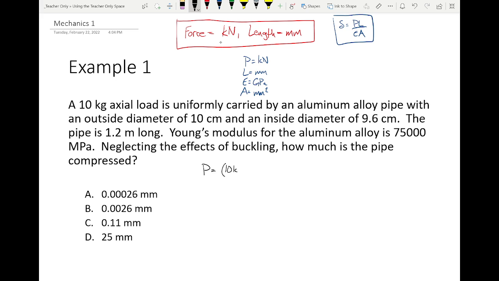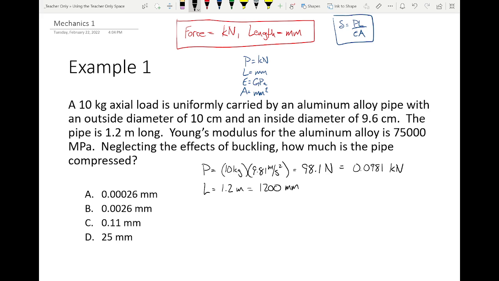There you go. 10 kilograms times 9.81 meters per second squared, so that's going to be 98.1 newtons, or 0.0981 kilonewtons. Did I do that right? 1, 2, 3. Yep. So far, so good? Length is going to be what? The pipe is 1.2 meters long, or 1,200 millimeters long.